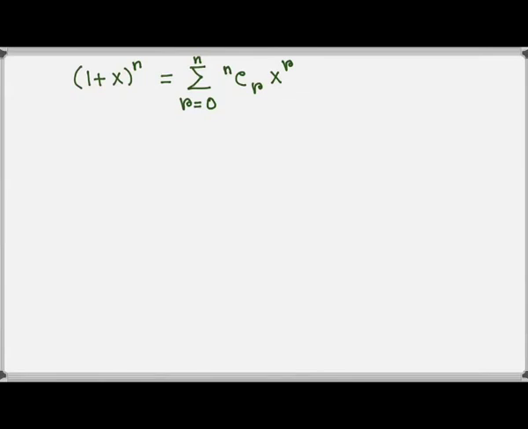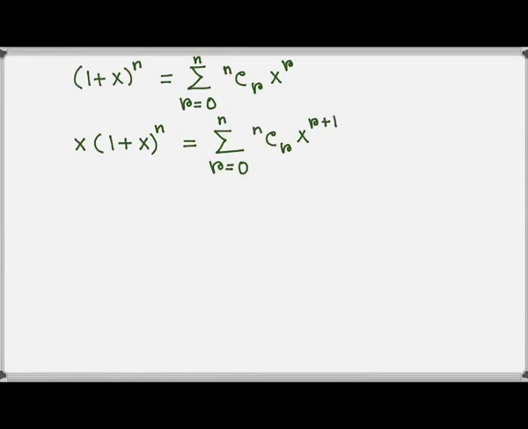Now multiplying x to both sides, we get x into (1 plus x) to the power n is equal to the sum from r equals 0 to n, nCr x to the power r plus 1.